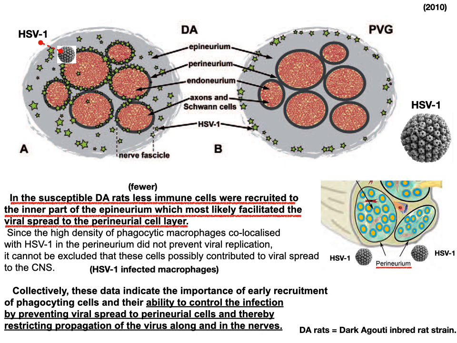Collectively, these data indicate the importance of early recruitment of phagocyting cells and their ability to control the infection by preventing viral spread to perineurial cells and thereby restricting propagation of the virus along and in the nerves. Stepping back from the details of this paper, there are some important general views that can be stated.